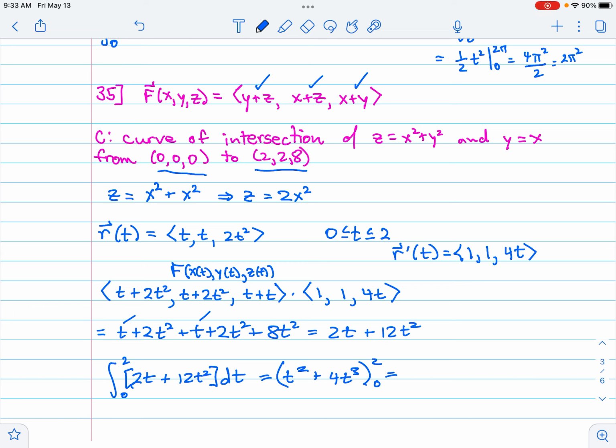So that's going to be 4 plus... actually, not 16. This is going to be 4 plus 8 times 4 is 32, so that'd be 36. There we go.